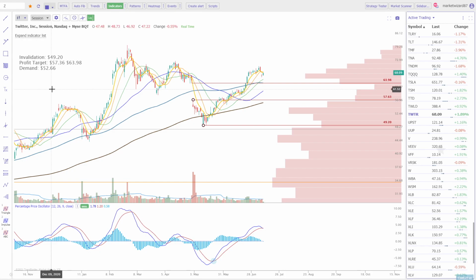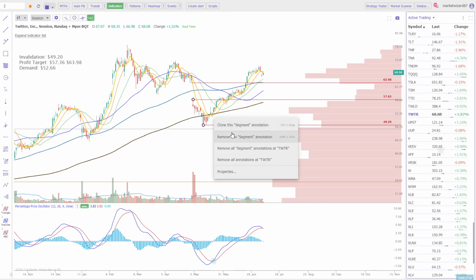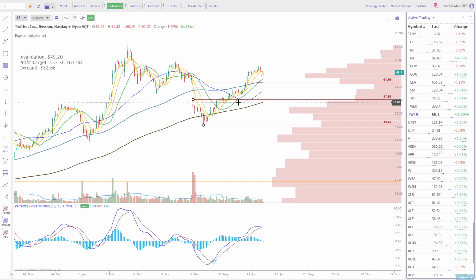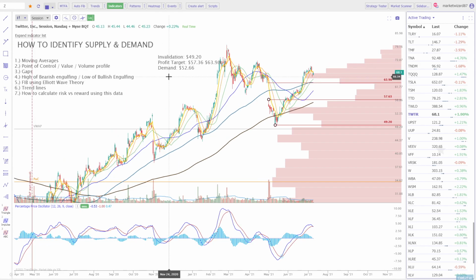So on these entries up here, you're talking 6% risk, okay? Now your potential reward, 19%, or 3 to 1, all right? So these are the ways that you can look at identifying potential supply and demand, and then developing a risk to reward ratio that is greater than 2 to 1, okay?